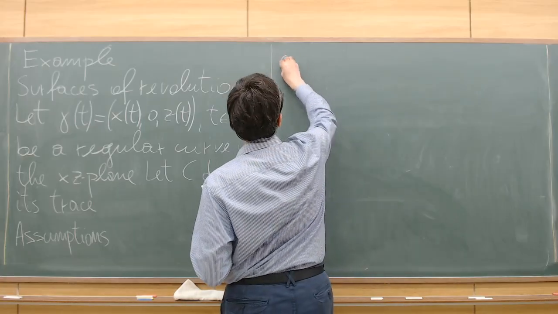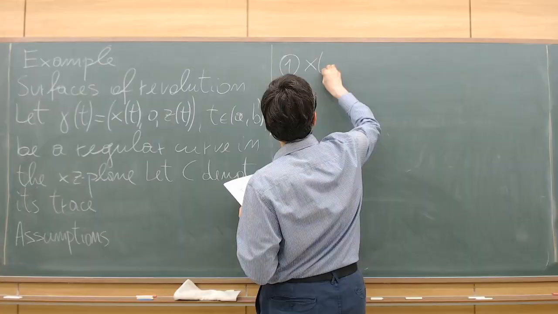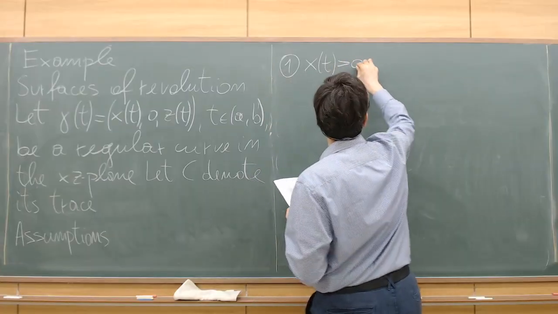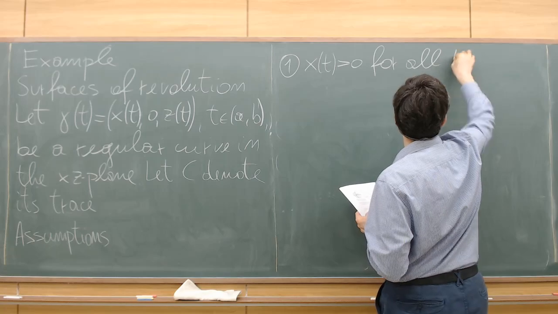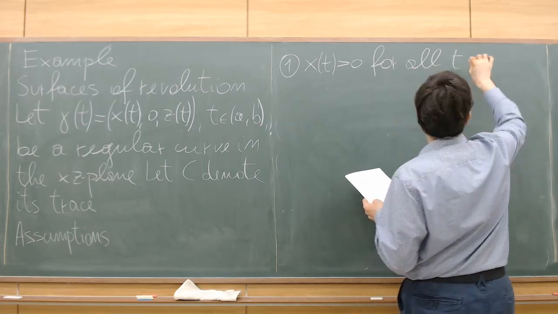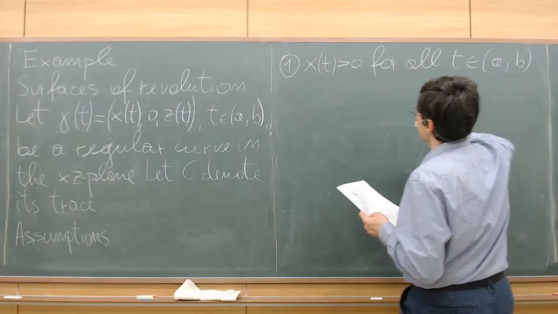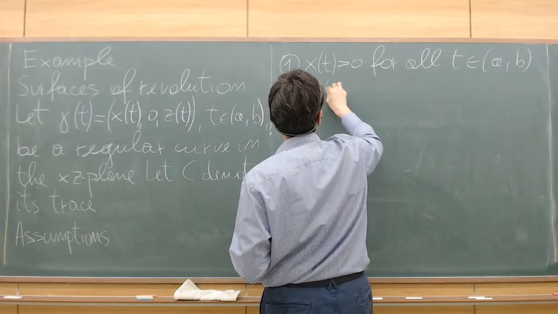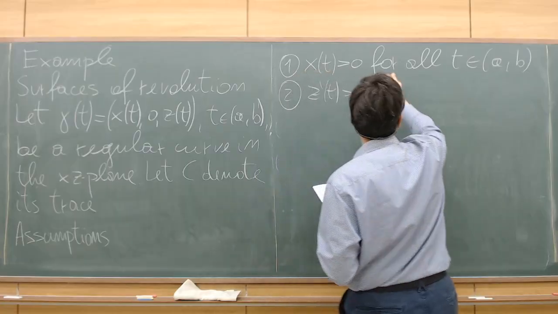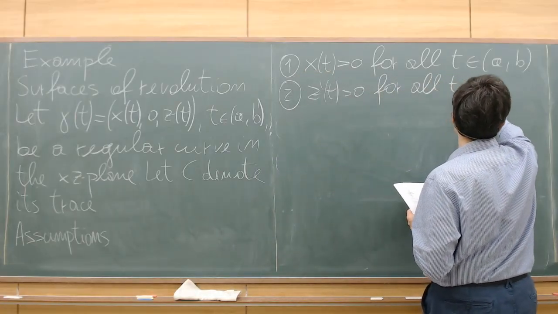One, x of t positive for all t in AB, and the second one, z prime of t positive for all t in AB.